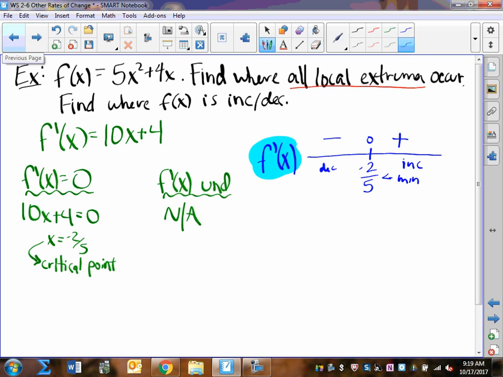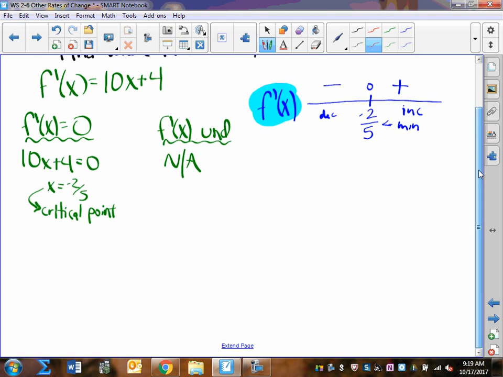All right. So we know that's our min. We've got to actually go ahead and formally state this here. All right, so f of x has a relative or local minimum at x equal to -2/5.